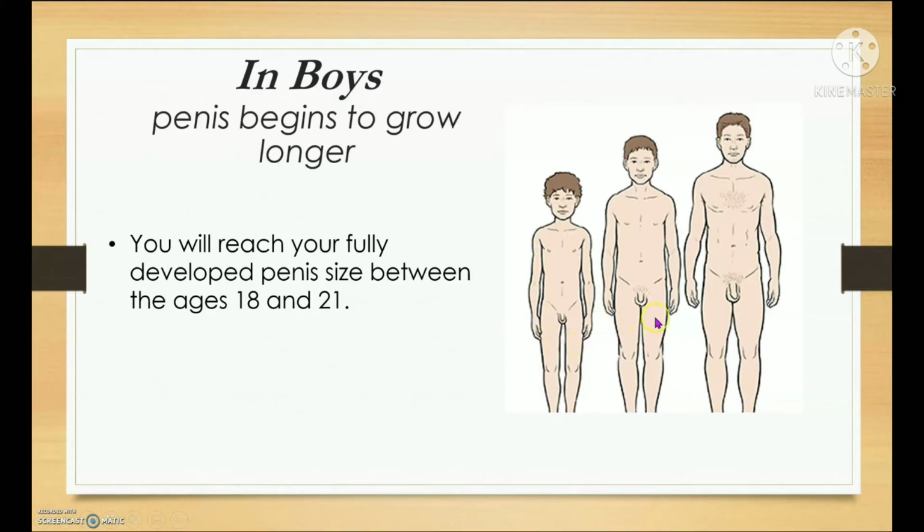As you can see in the stages, the penis becomes longer. The growth of the penis is less than half an inch per year between ages 11 to 15, but it continues to grow while still developing. It says here that you will reach the fully developed size at ages 18 to 21.